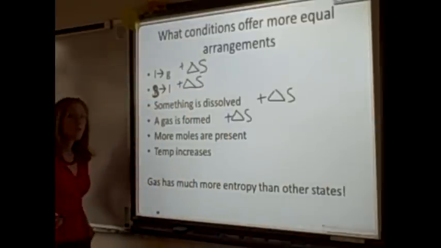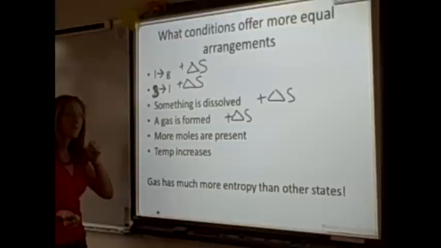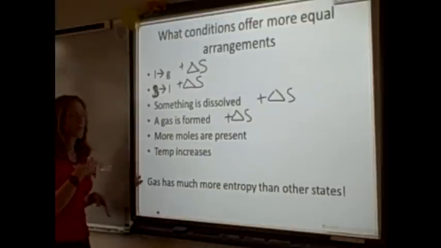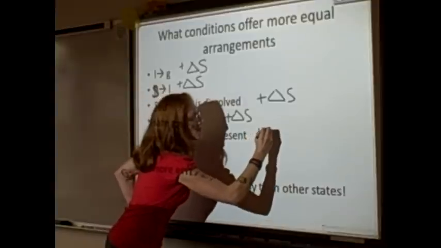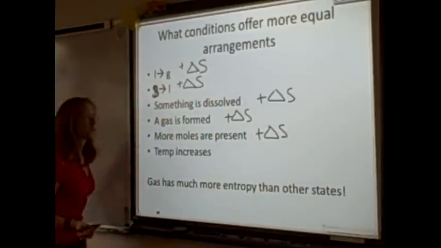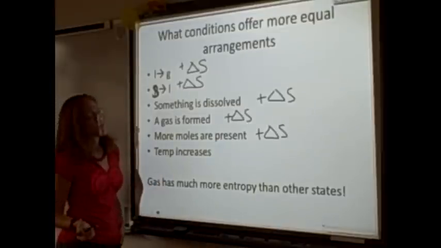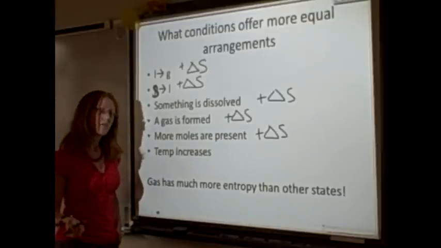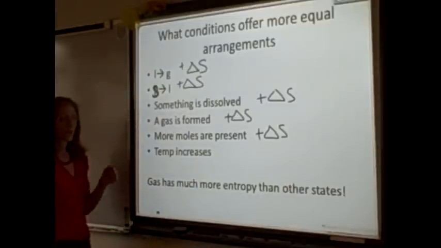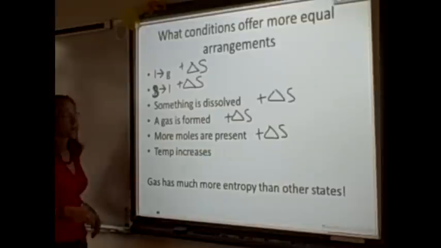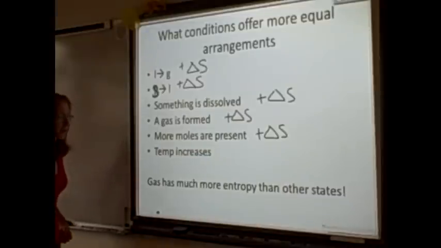Let's see if there's more moles present. If you took a compound and decomposed it into other compounds, you'd have more moles of products than reactants. Another positive delta S, a positive change in entropy. Entropy is increasing. These are all things that tend to drive a reaction. When temperature increases, entropy increases as well because you're giving the particles more freedom to move, there's more possible arrangements. So entropy is temperature dependent.